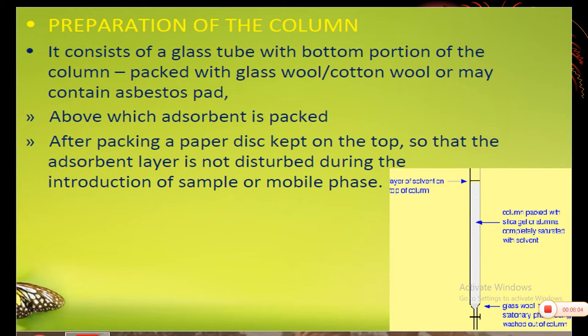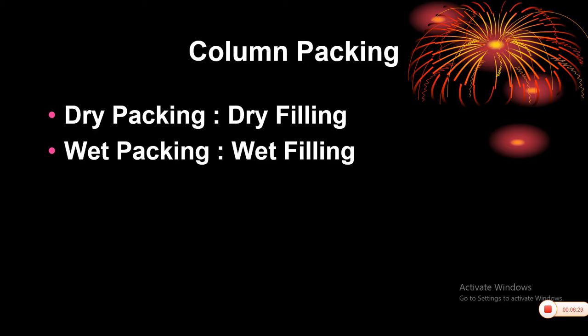Means in this column at the bottom a paper pad or asbestos pad is placed, above which adsorbent material is there, and it is covered by again a layer, a paper piece which will not affect the solvent used in the column chromatography.